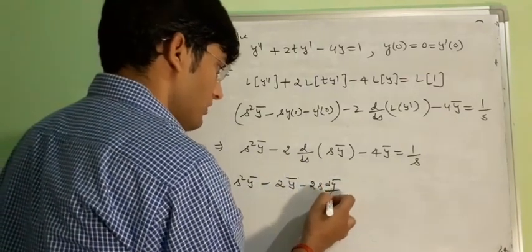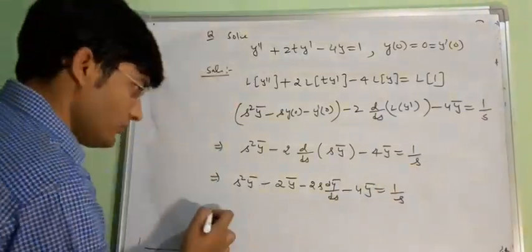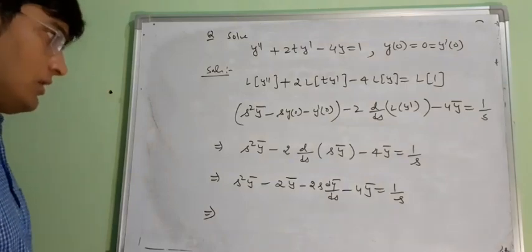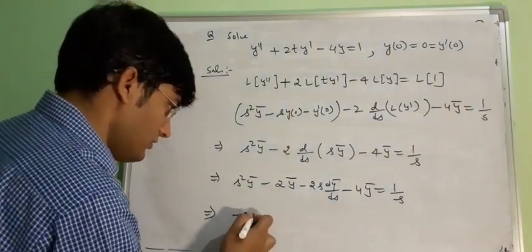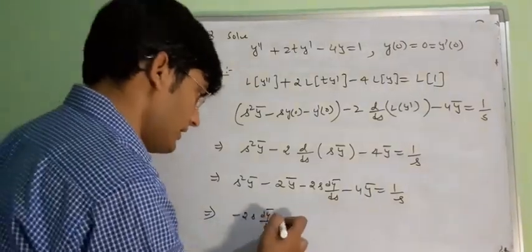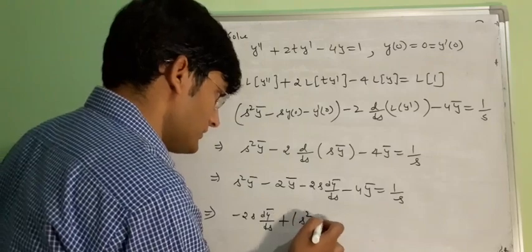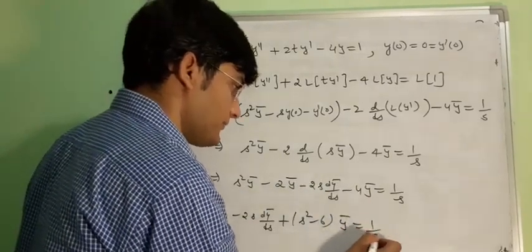So this will be dy bar upon ds minus 4y bar equal to 1 by s. Let us take this y bar as common. So in the bracket we will have s square minus 6, this is minus 2, that is minus 4, y bar equal to 1 by s.